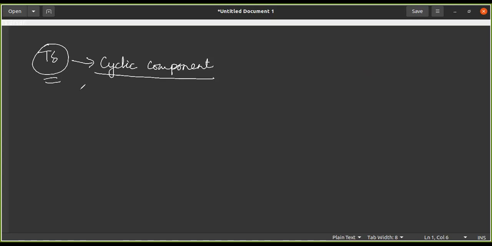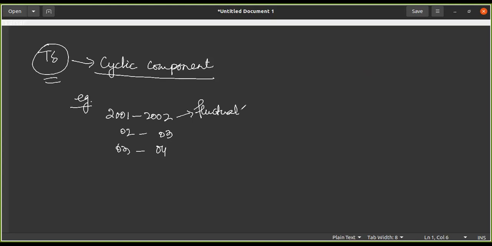For example, within a year, we saw that there was 2001 to 2002, 2002 to 2003, 2003 to 2004. Within these years, there were fluctuations in the data.